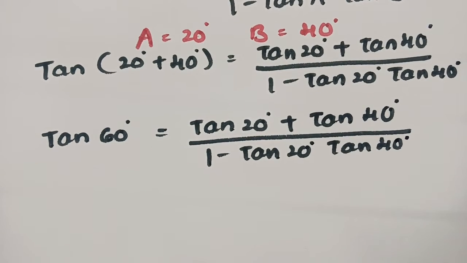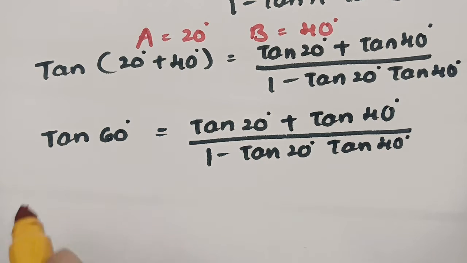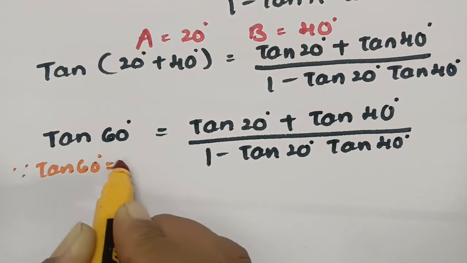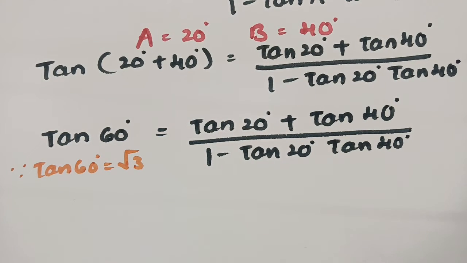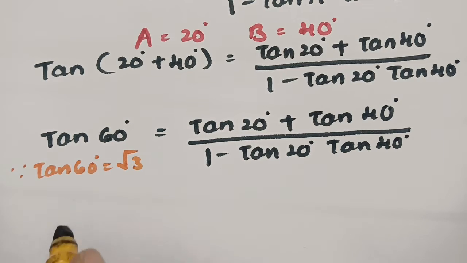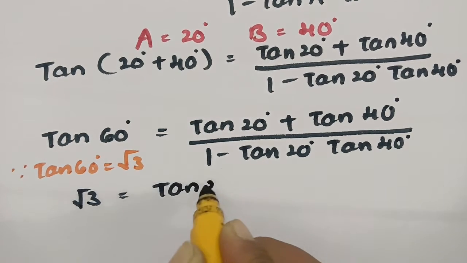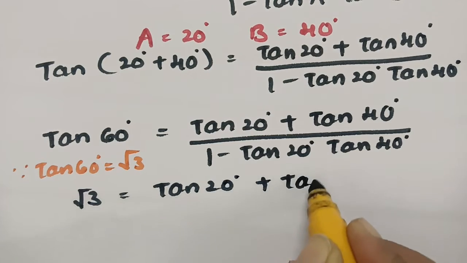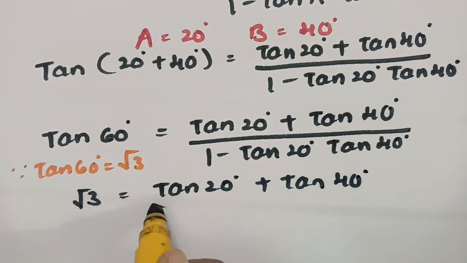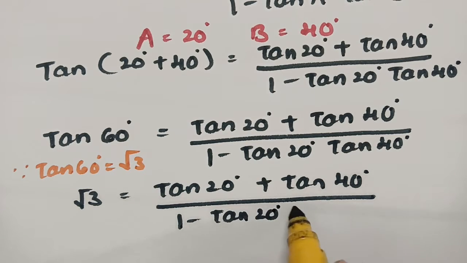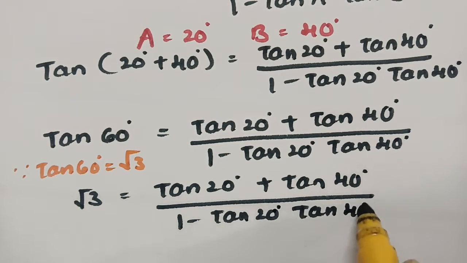So what is tan 60 degrees? Tan 60 degrees is nothing but root 3. So I am substituting the value of tan 60 as root 3. Therefore, root 3 is equal to tan 20 degrees plus tan 40 degrees by 1 minus tan 20 into tan 40.